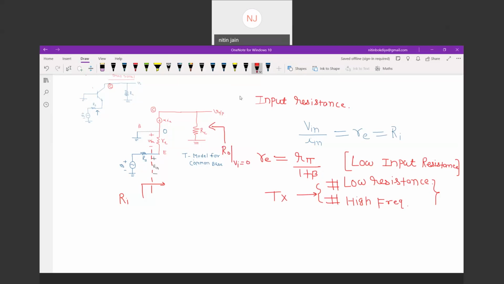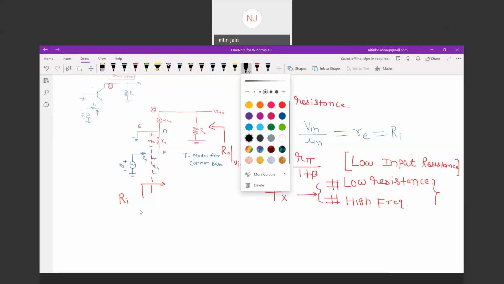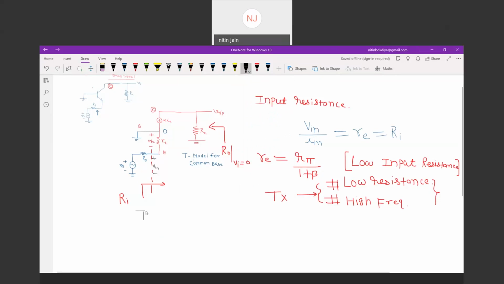So I can say the output resistance RO is equivalent to RC. And output resistance is the same as common emitter.